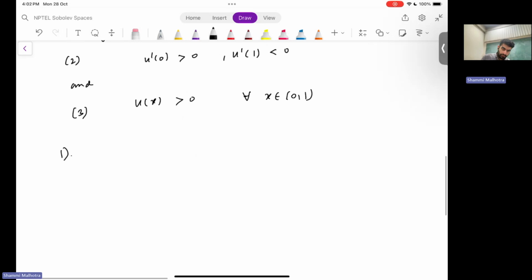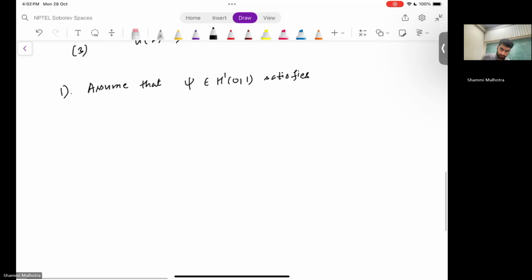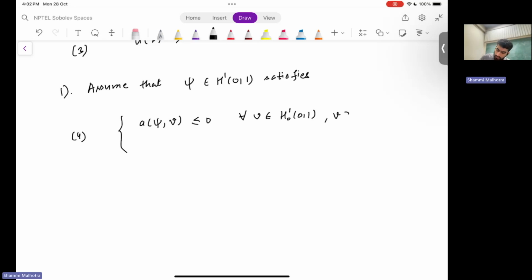So the first part is: assume that psi in H^1(0,1) satisfies a(psi, v) less than or equal to 0 for all v in H_0^1(0,1), v greater than or equal to 0 on (0,1), psi(0) less than or equal to 0 and psi(1) less than or equal to 0.